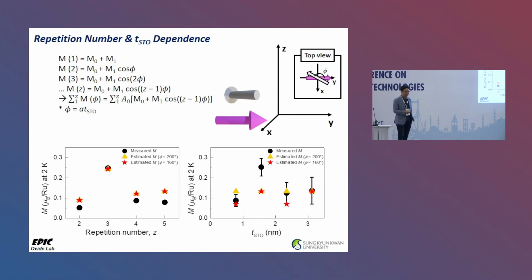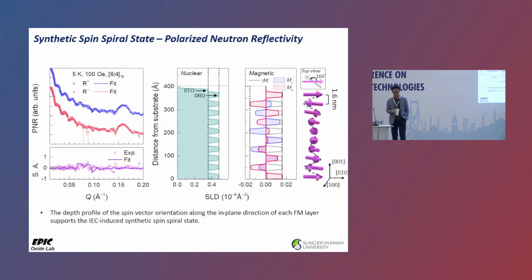So, based on this, we were trying to see how this kind of rotation works, in this case a 160 degree rotation from one SRO/STO layer to the other, and then we wanted to actually see this. And to do that, we have a tool that gives you, this is the polarized neutron reflectivity data done at the spallation neutron source in Oak Ridge National Lab.